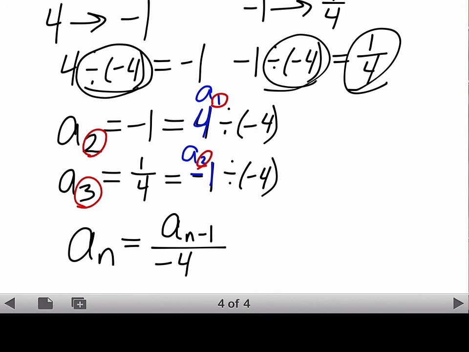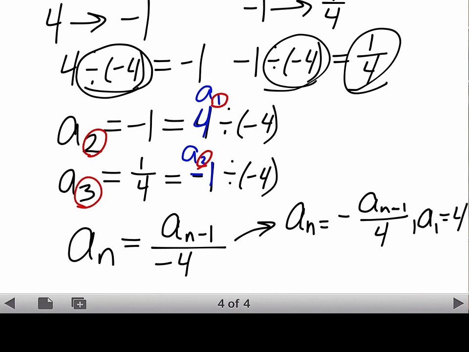Math people typically don't like to see a negative in a denominator, so I'm actually going to write this down as a sub n is equal to negative a sub n minus 1 divided by 4, and we can't forget that we have to give a starting point. In this case, a sub 1 was equal to 4. So this is a recursive formula for the sequence that was given.